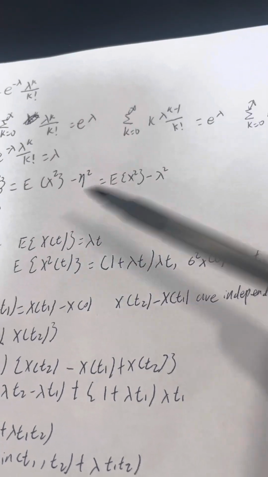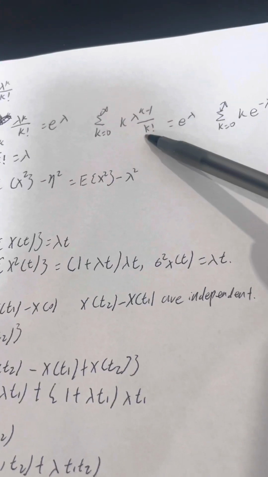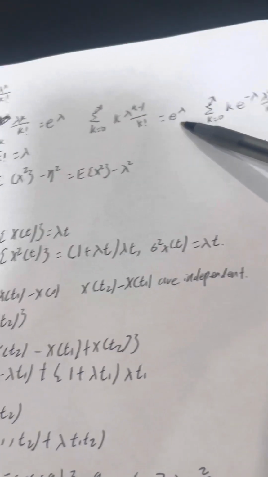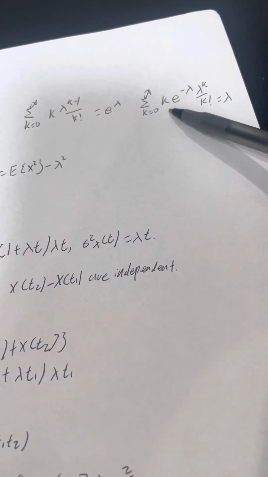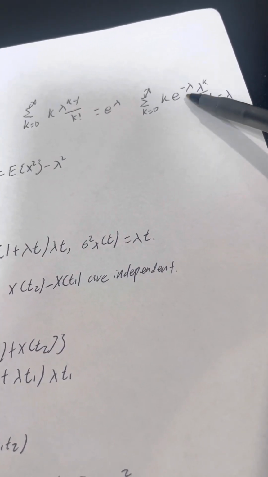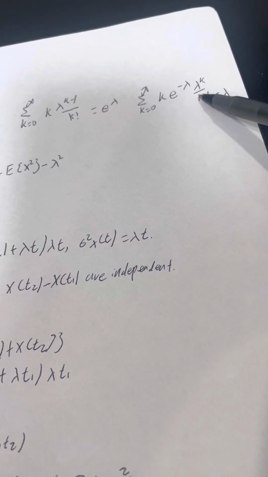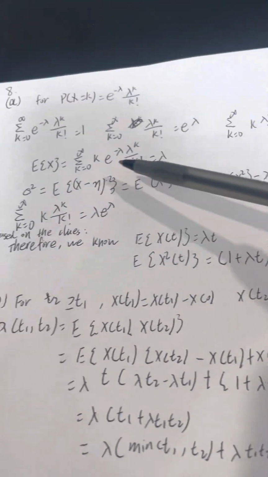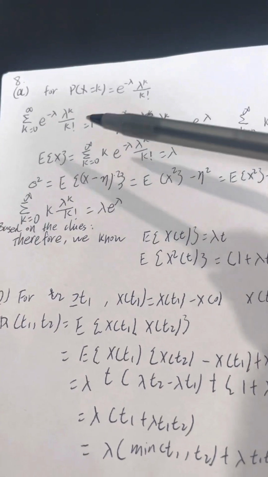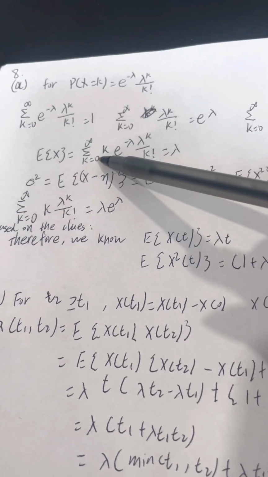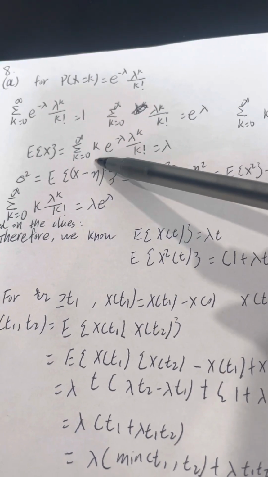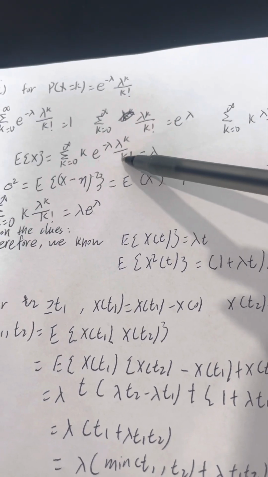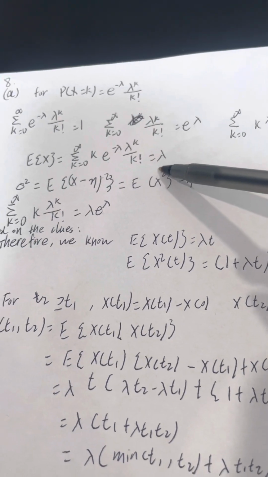And k times lambda to the k minus 1 over k factorial summed is equal to e to the lambda. We know the summation of k times e to the negative lambda times lambda to the k over k factorial is equal to lambda, so E of X is equal to lambda.